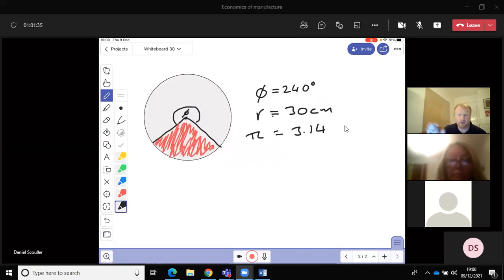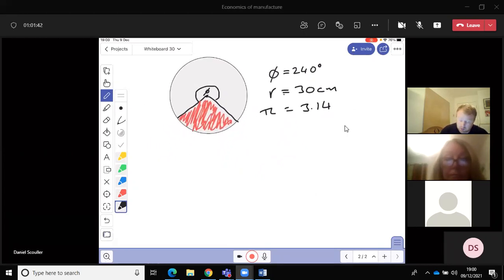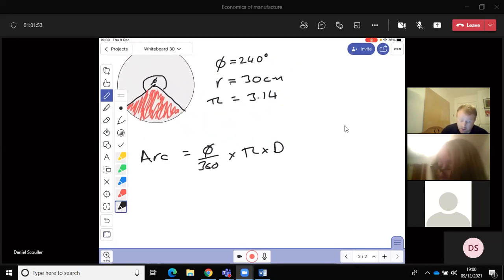So we're given that, and we are expected to know arc equals angle over 360 multiplied by pi multiplied by diameter. So don't get caught out by this devious trick where they give you the radius.